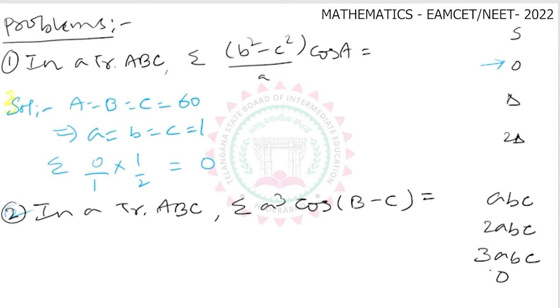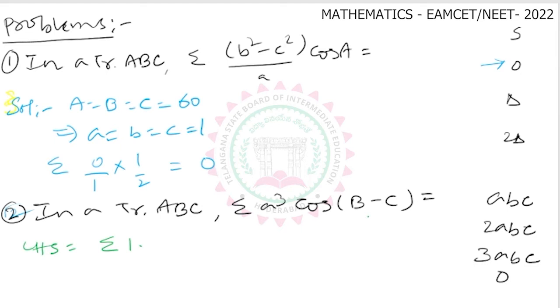Here also, I am using the same technique, that is the shortcut formula, right? So what is my shortcut formula? A equal to B equal to C equal to 60 and a equal to b equal to c equal to 1, right? Therefore, LHS is sigma of a equal to 1 into cos of B minus C, 60 minus 60, that is 0, right?